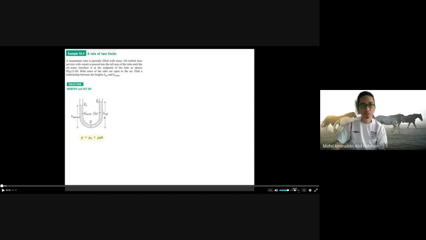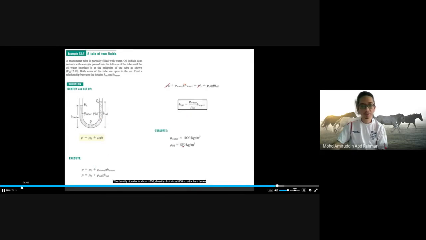Okay, so over here you can actually relate the density of the water and also the density of the oil. It is easy because at the point P, the pressure will be similar for both water and oil.